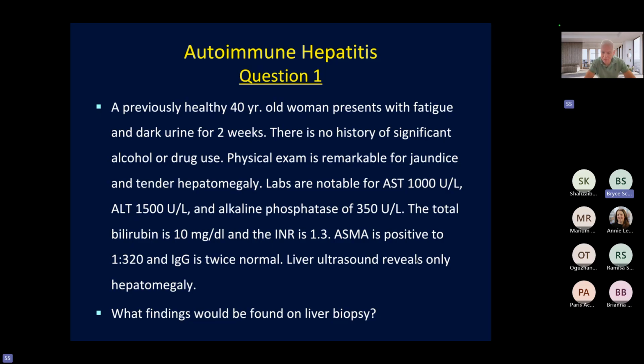Labs are notable for AST 1000, ALT 1500, and alkaline phosphatase of 350. The total bilirubin is 10 milligrams per deciliter, and the INR is 1.3. ASMA is positive to 1 in 320, and IgG is twice normal. Liver ultrasound reveals only hepatomegaly. What findings would be found on liver biopsy?